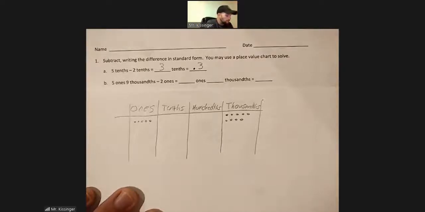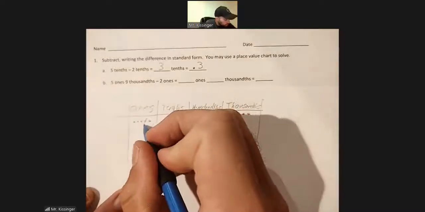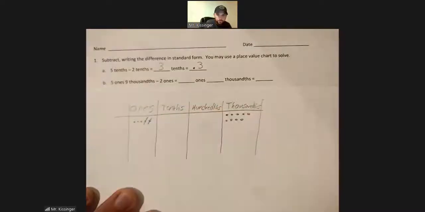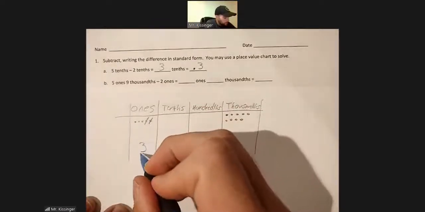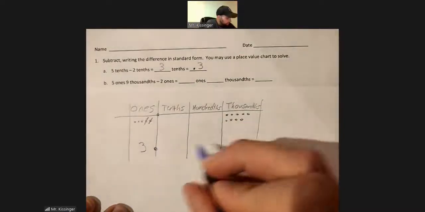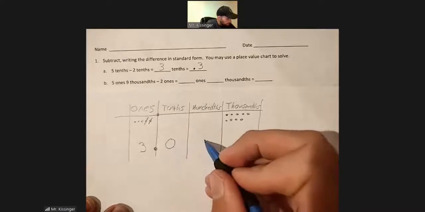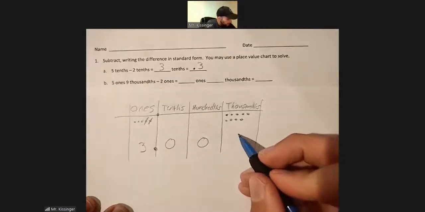And then what we need to do is subtract 2 ones. So we're just going to take 2 of these ones, and we're going to remove them. And we have 3 ones. Make sure we have a decimal point in here. 3 ones, 0 tenths, 0 hundredths, and then we have 9 thousandths.